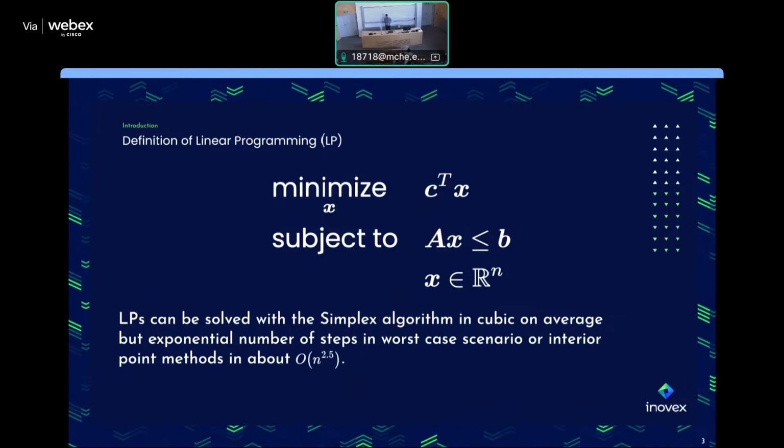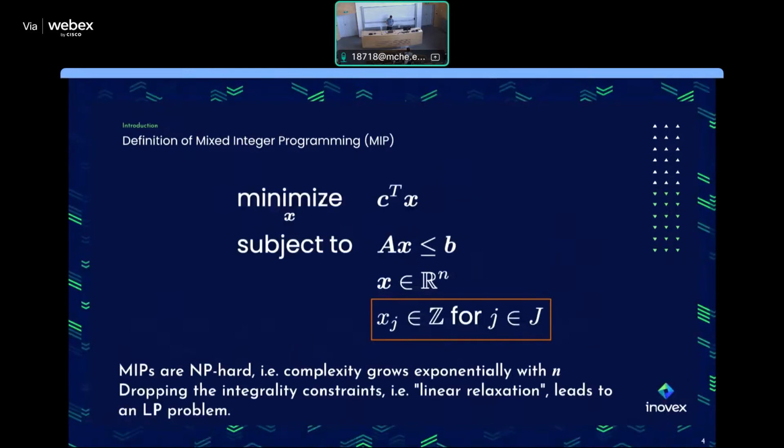Cubic is quite a lot, but it gets worse if we now say that some of our decision variables are no longer real numbers but integers. Then this problem becomes really hard, NP-hard actually, so the complexity grows with the number of those components which need to be integral.